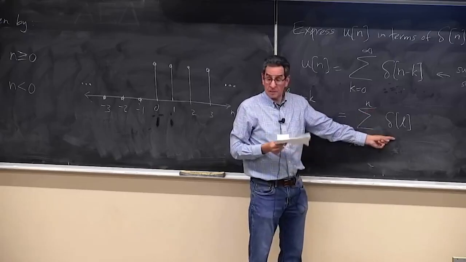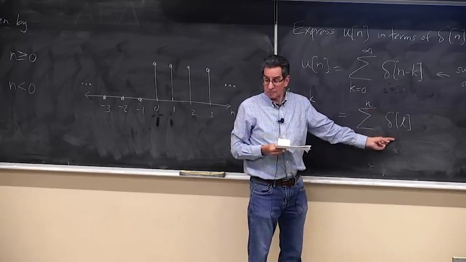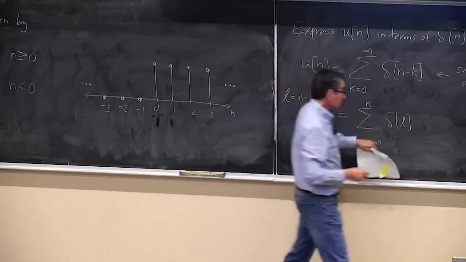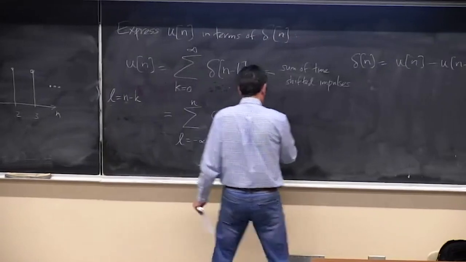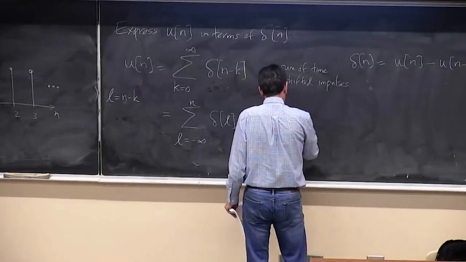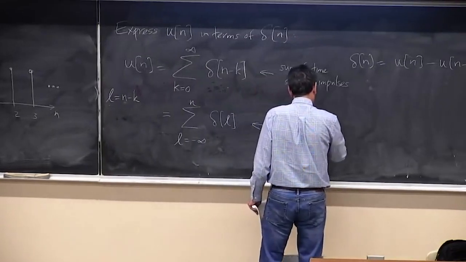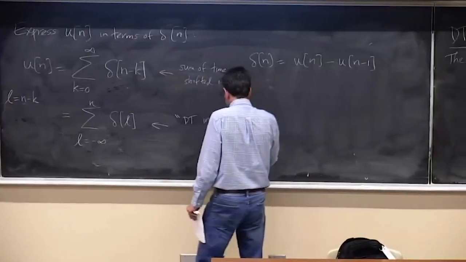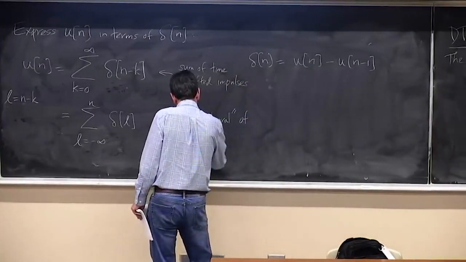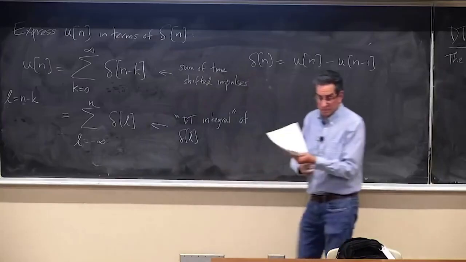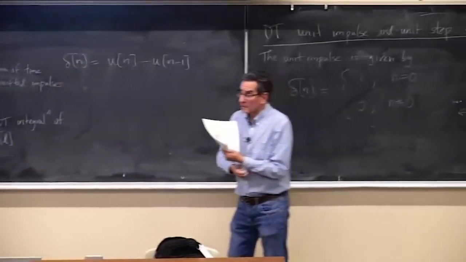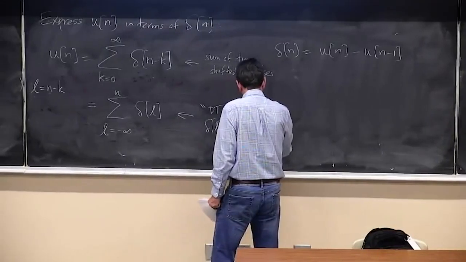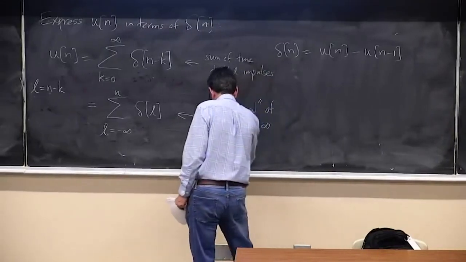You can think of this as a discrete time integration, right? What I'm really doing here is taking the dt integral, which is really just the sum, of a unit impulse signal from minus infinity to n.